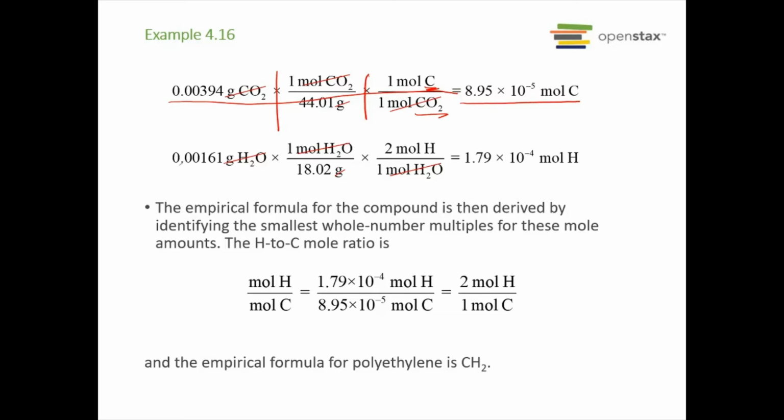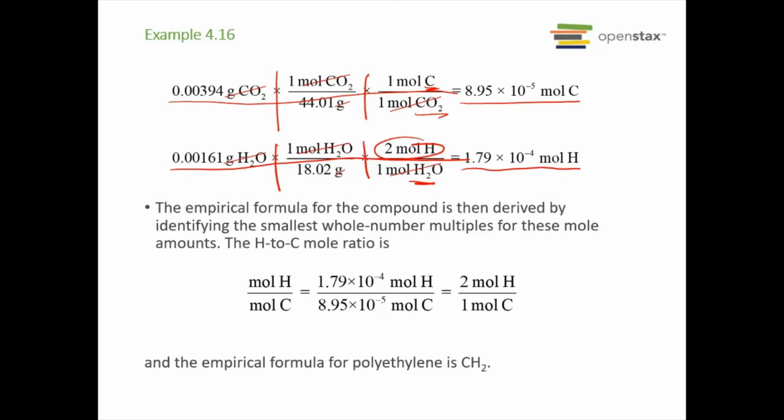We do the same thing for water. Water is H2O, so there's 2 moles of hydrogen for every 1 mole of water. When you do all your calculations, you get 1.79 times 10 to the negative 4th moles of hydrogen.